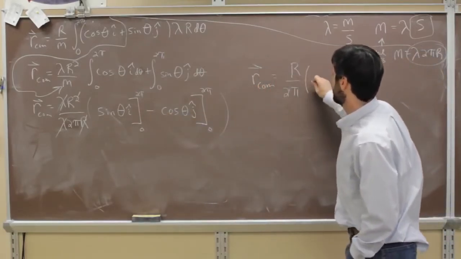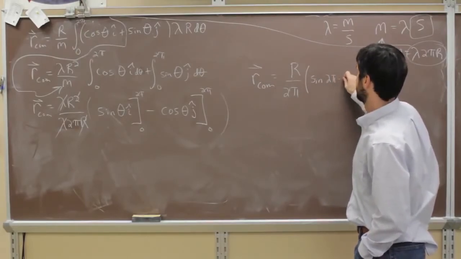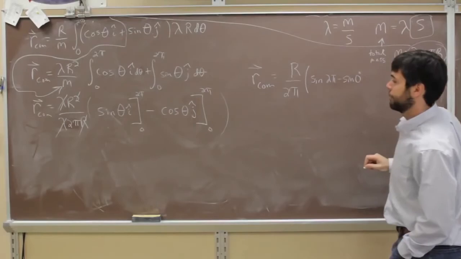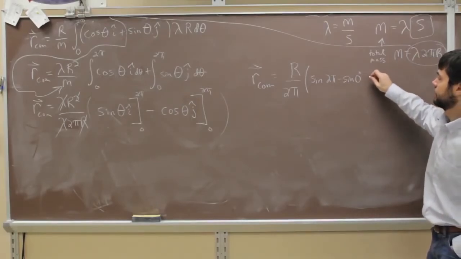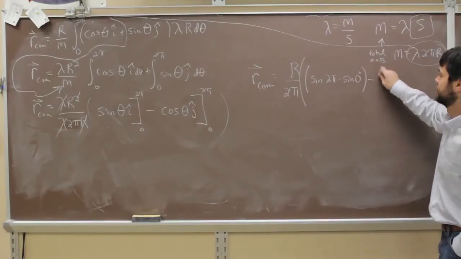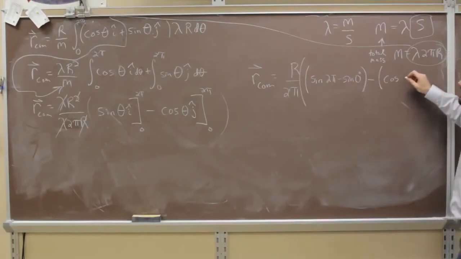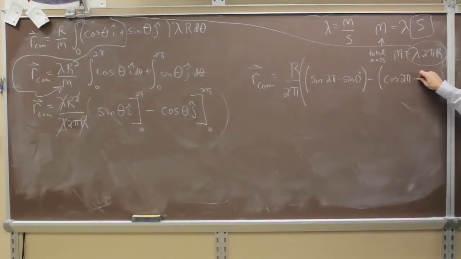We have to do this. So that's going to be sine of 2 pi minus sine of 0, minus cosine 2 pi minus cosine 0.